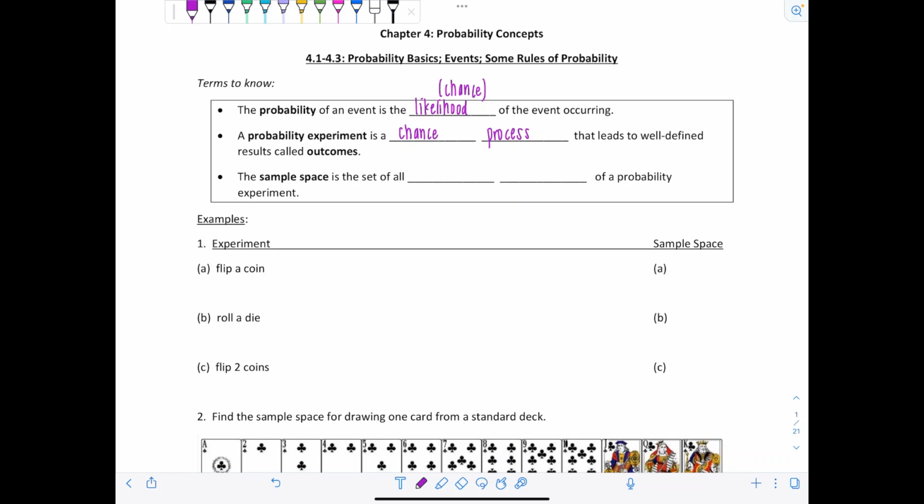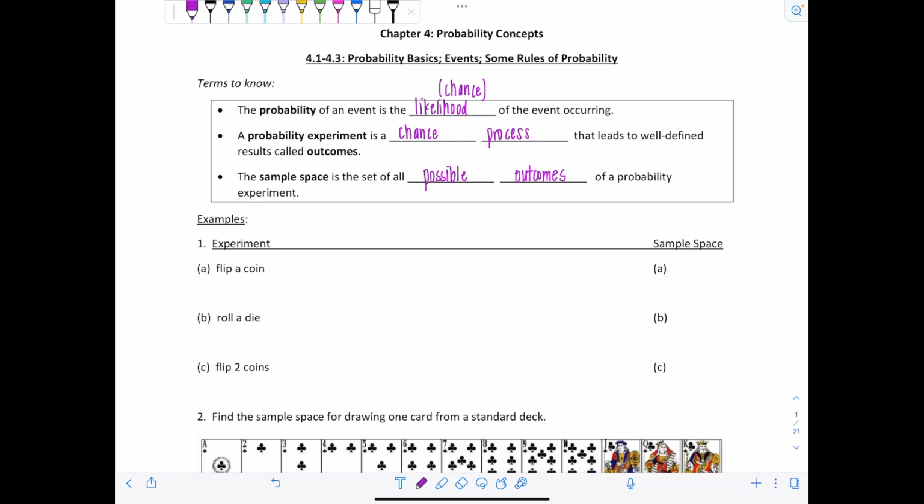And the sample space is the set of all possible outcomes of a probability experiment. So we're going to look at some examples right now so this terminology can start to make a little bit more sense to you.